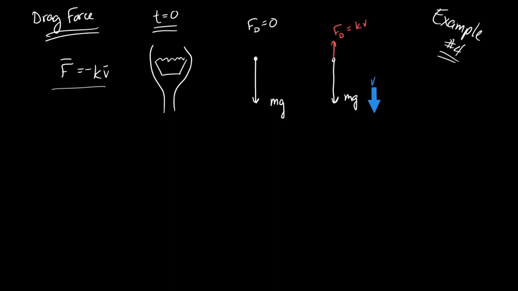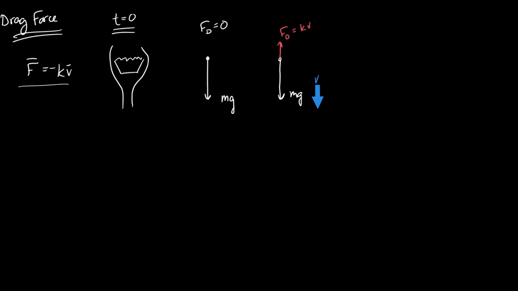Now, is this balanced or unbalanced? Still unbalanced. So a few moments later, the object's weight is still not changing, but it will have increased its speed because it's unbalanced downward, so the velocity is greater. But here's the question.